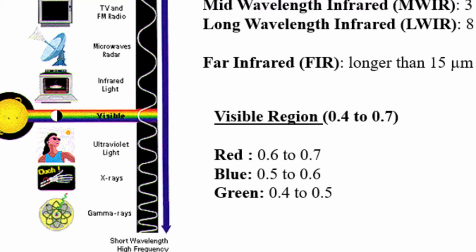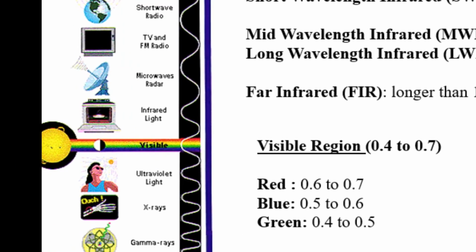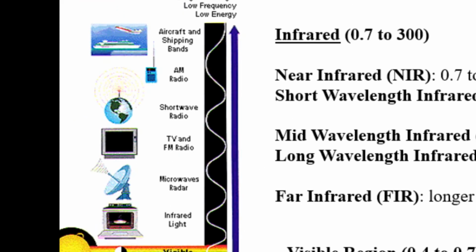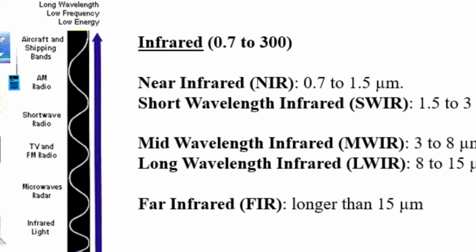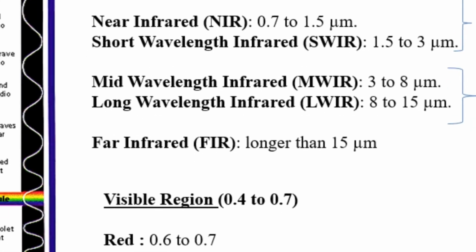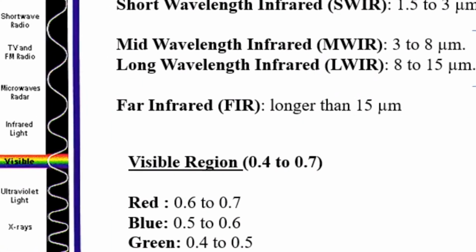The ultraviolet region adjoins the blue end and the infrared region adjoins the red end. The infrared region spans 0.7 to 300 micrometers, and it has 4 subintervals of special interest to remote sensing.